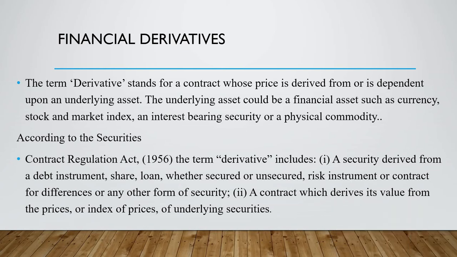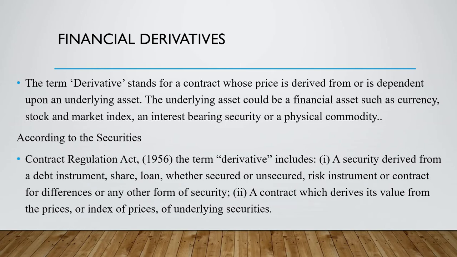The underlying asset could be a financial asset such as currency, stock market index, or an interest bearing security, or any other physical commodity. According to the Securities Contract Regulation Act 1956, the term derivative includes a security derived from a debt instrument, share, loan, whether secured or unsecured, risk instrument, or contract for a difference or any other form of securities.